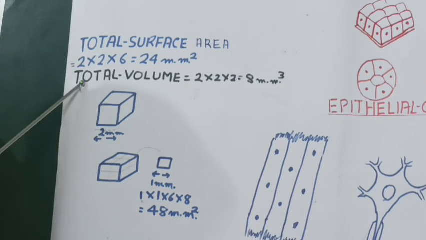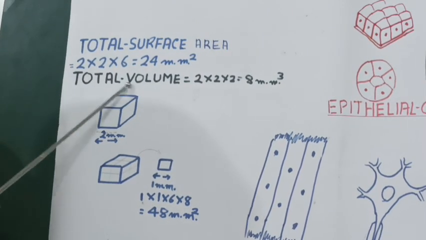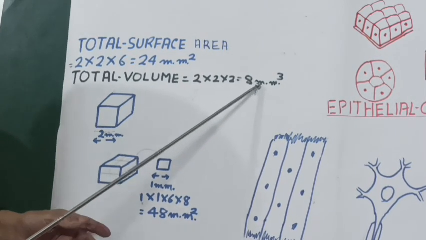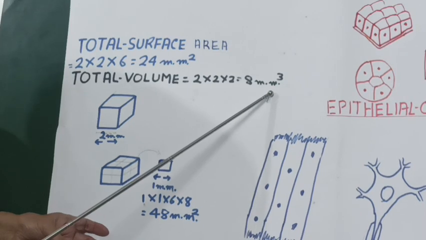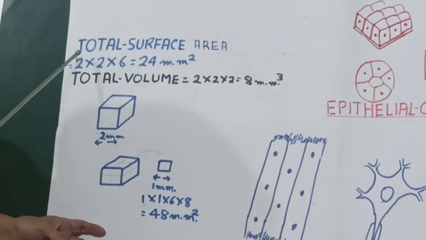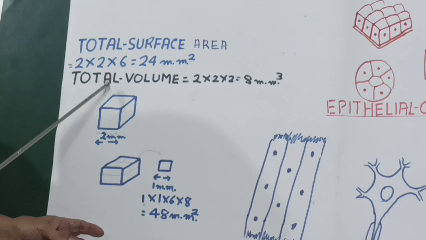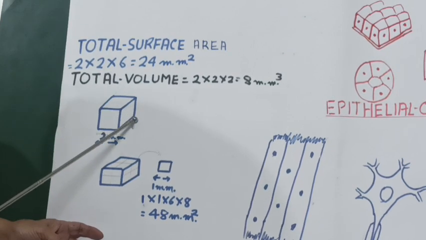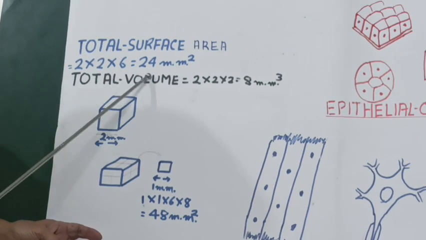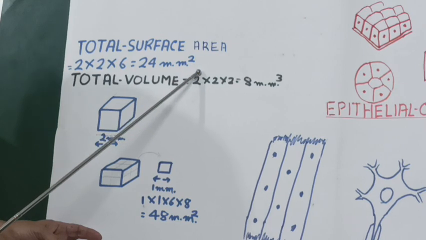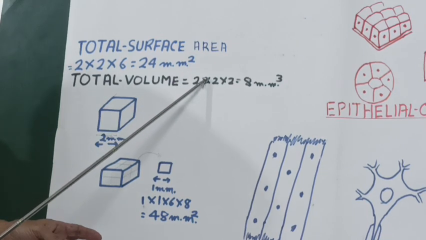Then its total volume will be 2 into 2 into 2, 8 cubic millimeter. But the total surface area will be 2 into 2, because there are 6 surfaces, 2 into 2 into 6, which is 24 square millimeter.